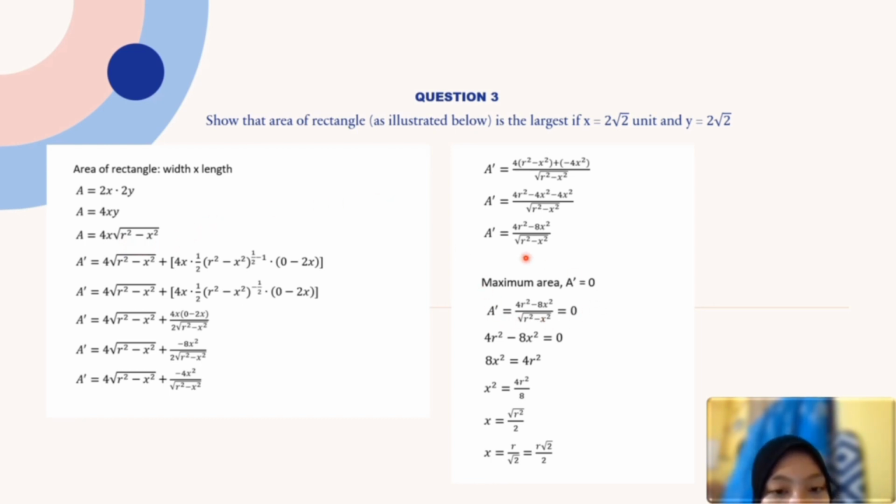And then to find the maximum area, we have to differentiate the area, so that it will be equal to 0. So first, we must find the derivative of A first.